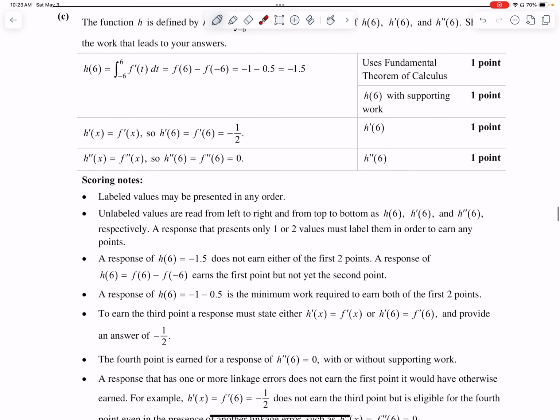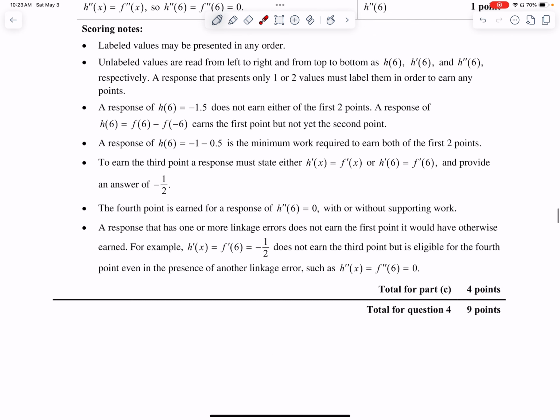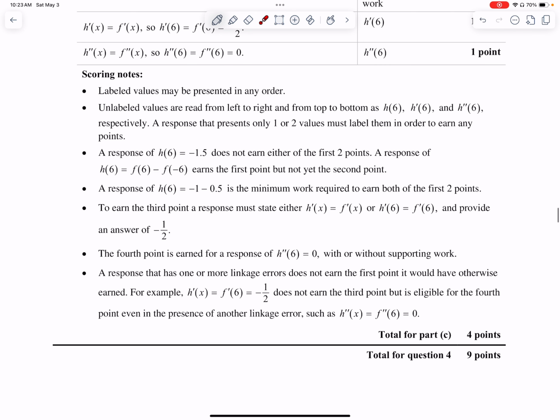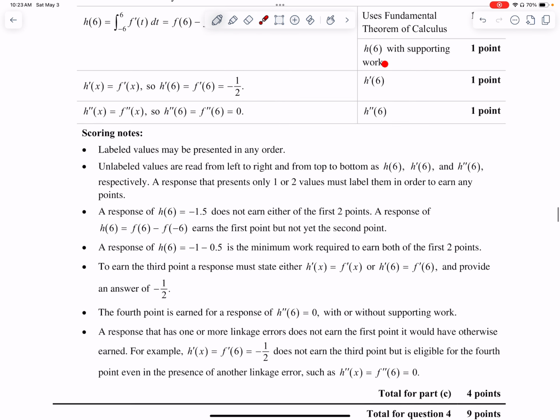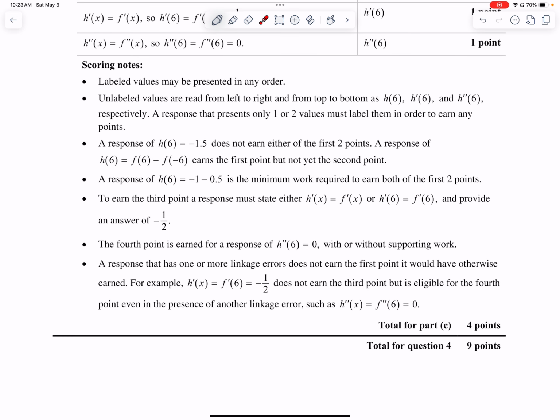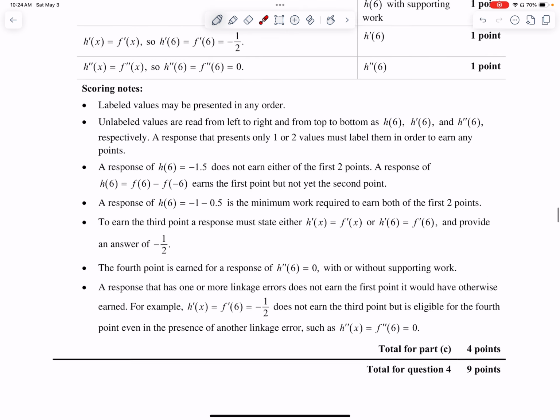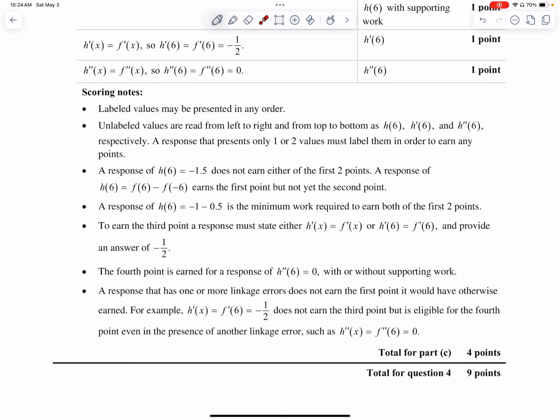So in other words, if you only had 2 of those answers and you didn't label them, sorry, you're out of luck, because they don't know which one is which. Did you do the first 2? Did you do the second 2? Did you do the first one and the last one? Who knows? All right, and a response of h of 6 is equal to negative 1.5 does not earn either of the first 2 points. So not showing any kind of work just costs you some points.